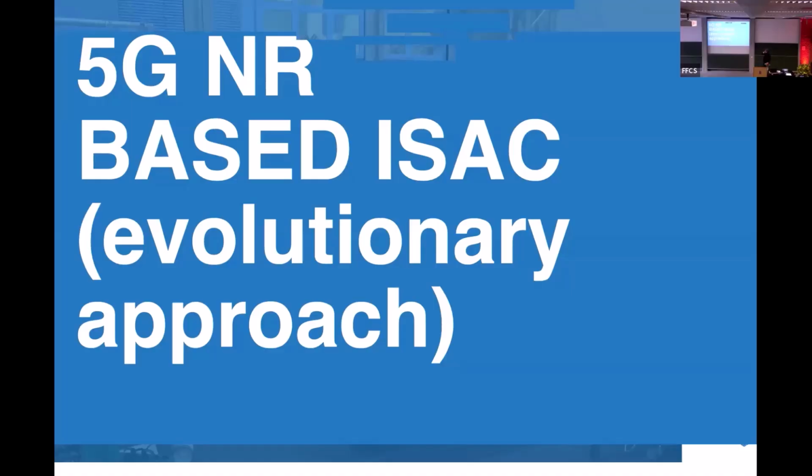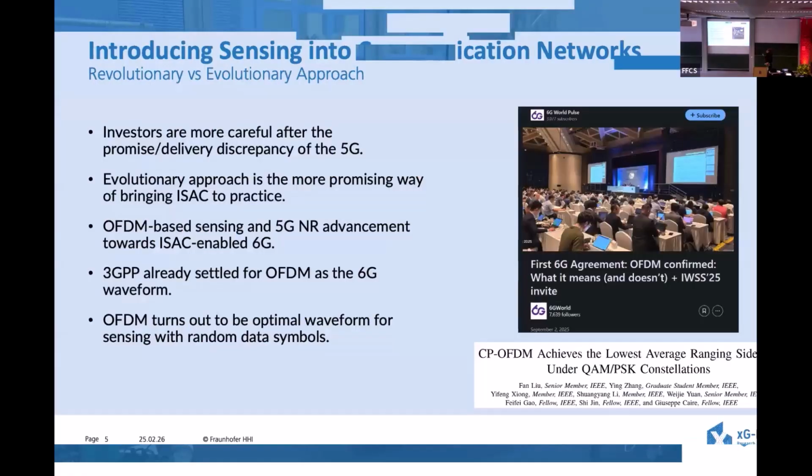Okay, so first of all, I think that there is a gray zone, and you can use 5G NR-based ISAC, which is an evolutionary approach, right? So here the basis is the OFDM waveform. This is what we use, and also 3GPP has already settled on OFDM as the 6G waveform, right?